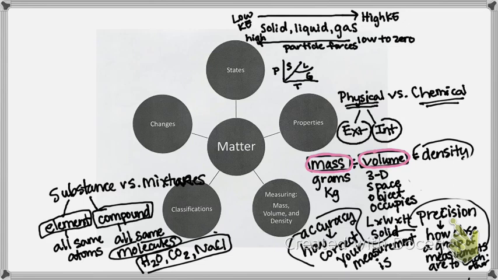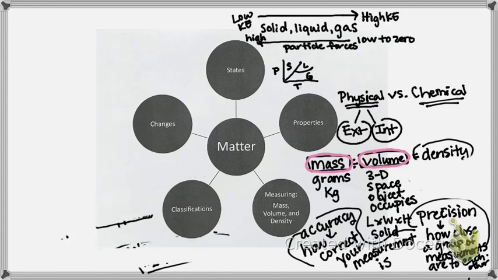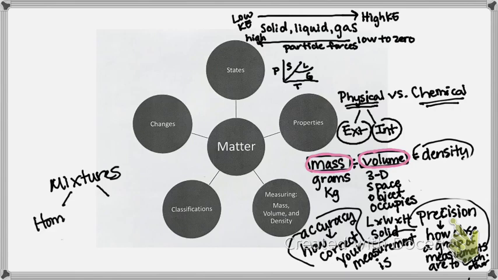Mixtures, though, can be either homogeneous or heterogeneous, okay? So here's the thing with these. Mixtures are made up of more than one particle type, and if they're homogeneous, then that means they're going to look like a pure substance, but they're not.